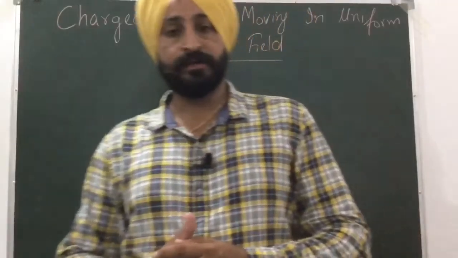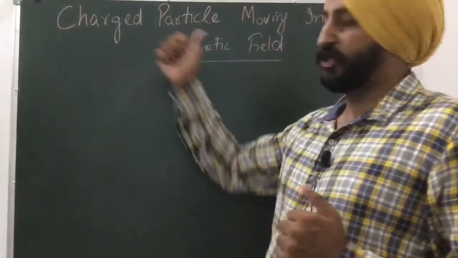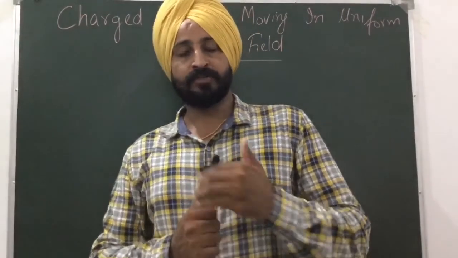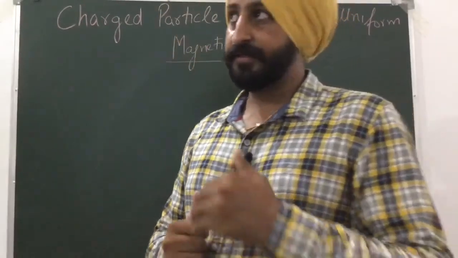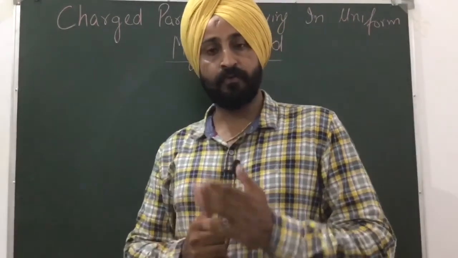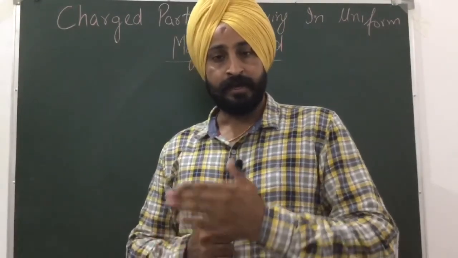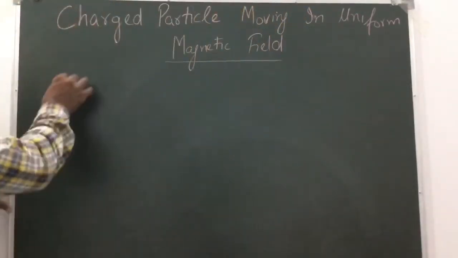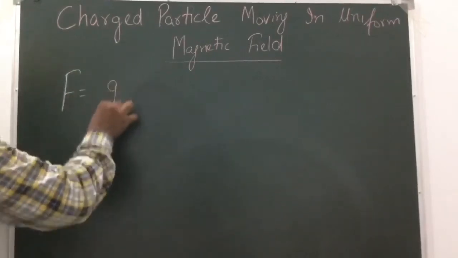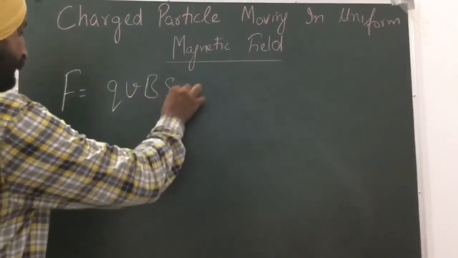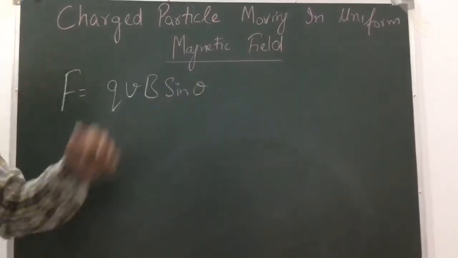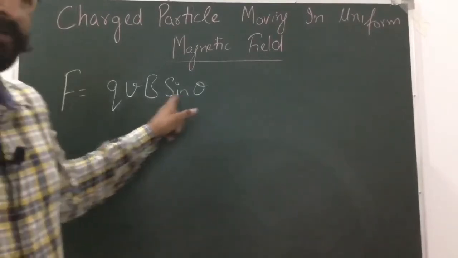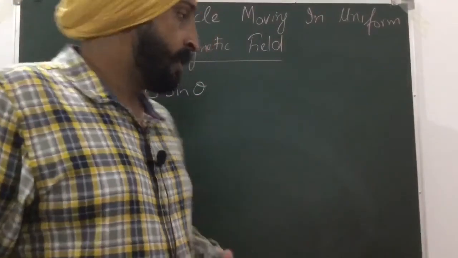So next we are going to discuss the motion of a charged particle in a uniform magnetic field. Before starting this topic, let us write the formula for the force experienced by a charged particle when it is moving in a magnetic field. The formula for the force is F is equal to QVB sin theta. You must be familiar with this formula. Here Q is the charge, V is the velocity, capital B is the magnetic field, theta is of course the angle.